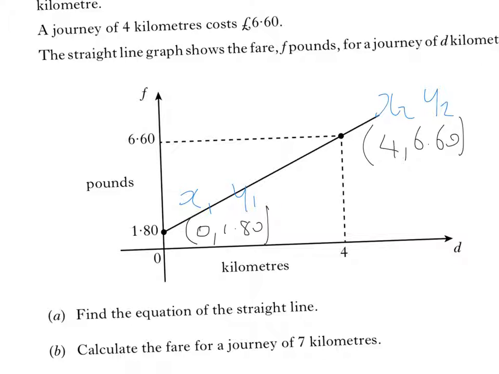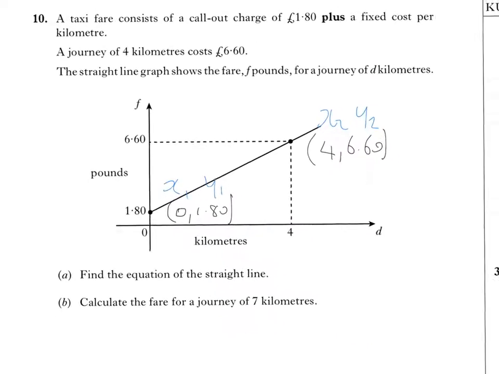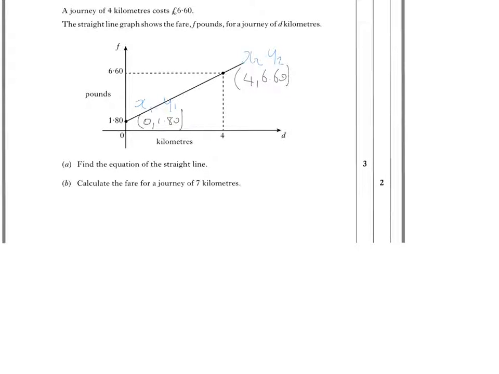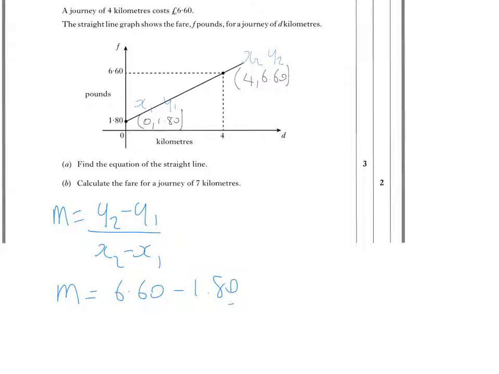Remember that my gradient formula is y2 minus y1 over x2 minus x1. So y2 is 6.60 minus y1, which is 1.80, over 4 minus 0.